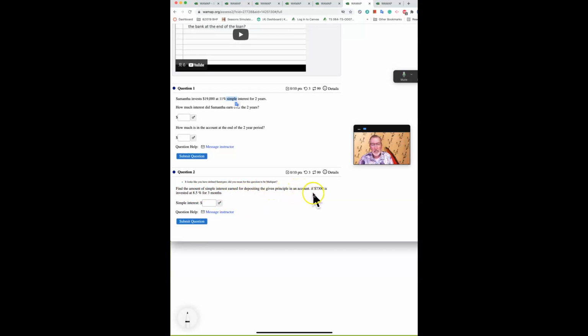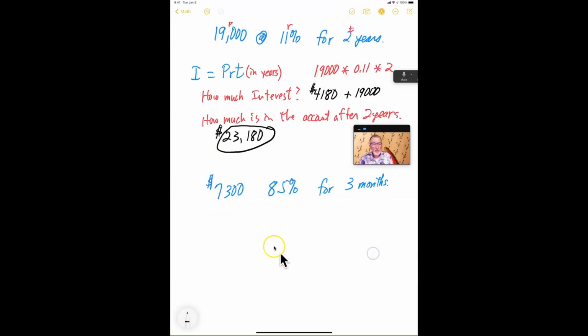So for the next problem, find the amount of simple interest earned for depositing the given principal in an account. If 7,300 is invested at 8.5% for 3 months. Okay, so for this one, our formula, same formula, right? We've got I equals PRT, and we're looking for interest.